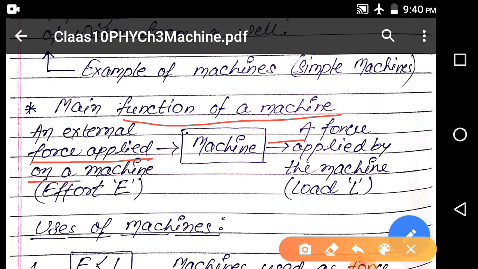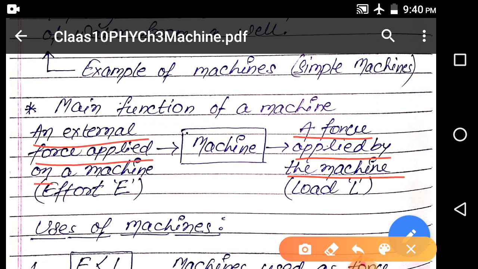That is, first a force is applied on the machine, then the machine applies a force. That means a force is applied by the machine after an external force is applied on the machine.